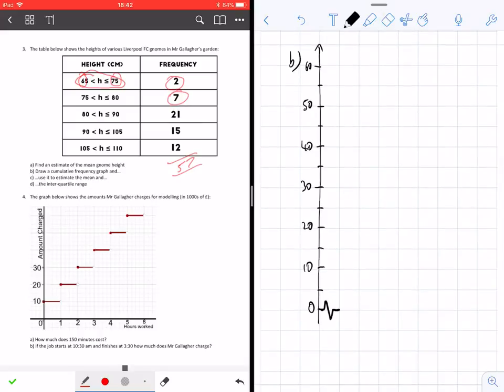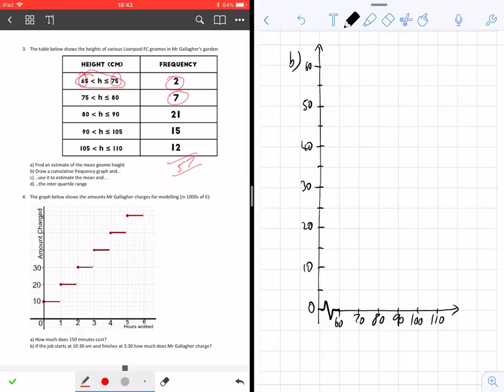Yeah, I've screwed up my scale a bit here because otherwise I could do 5 per square, but I suppose we'll just have to settle for 10 per square. But obviously you would have a proper piece of graph paper, you'd be able to choose a little bit better. So we'll call this 60, 70, 80, 90, 100 and 110. Which is going to be a little bit sketchy, it's not going to be all that accurate.